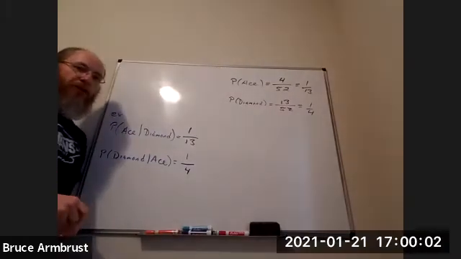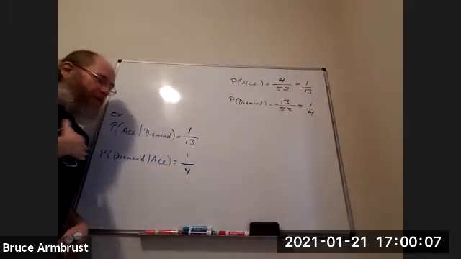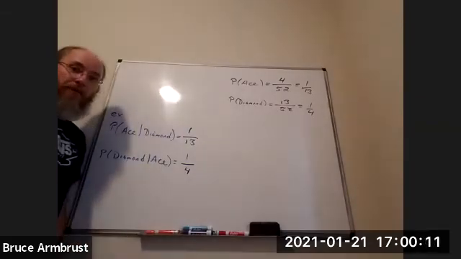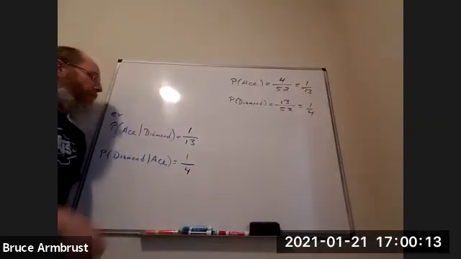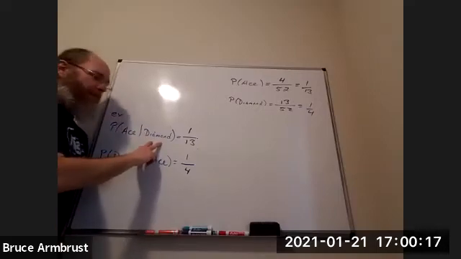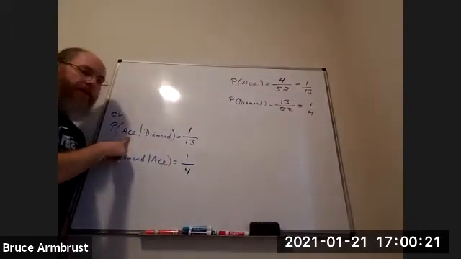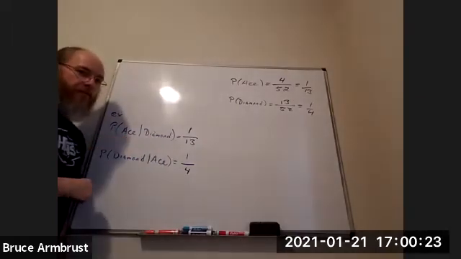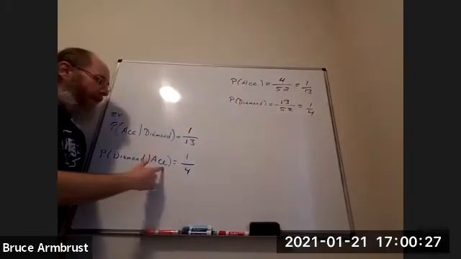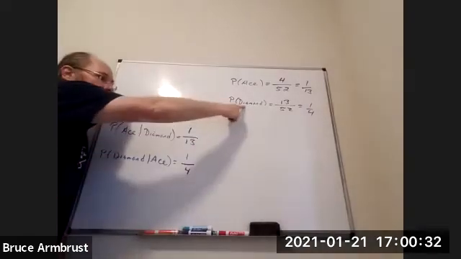Those numbers should look a little familiar. If you look, these are the exact same numbers. So the fact that it was a diamond doesn't change the possibility of me getting an ace, or the fact that the card was an ace doesn't affect the likelihood that it's a diamond.